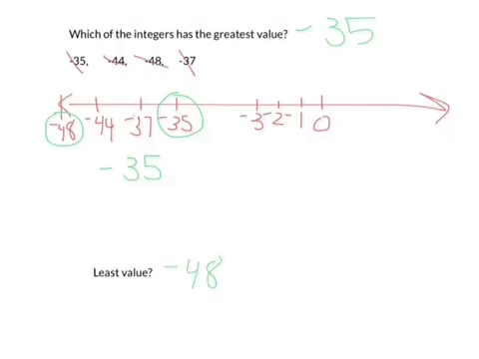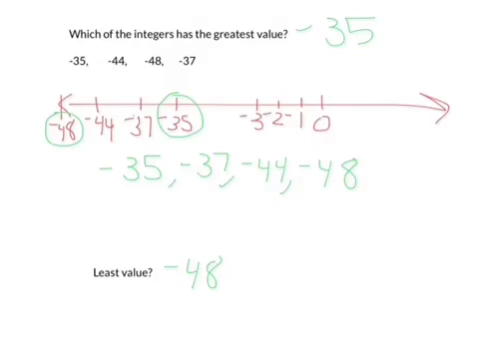Let's say they asked me to order these. I would do -35 first, then -37, then -44, and -48 would be my least value. Another way you can think of this is to look at the numbers. Let me erase my crossouts here.